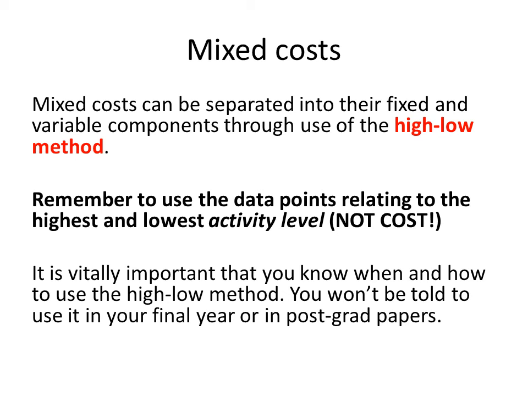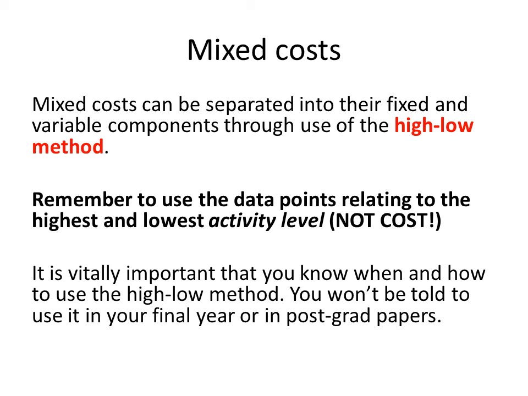How do you identify a mixed cost? Well, it's easy to test if you have the units or the volume or activity level. If the cost increases in direct proportion to the activity level, then it's a variable cost. If it doesn't increase at all or doesn't change if the units change, then it's a fixed cost. If it's neither of the above, then it's a mixed cost.